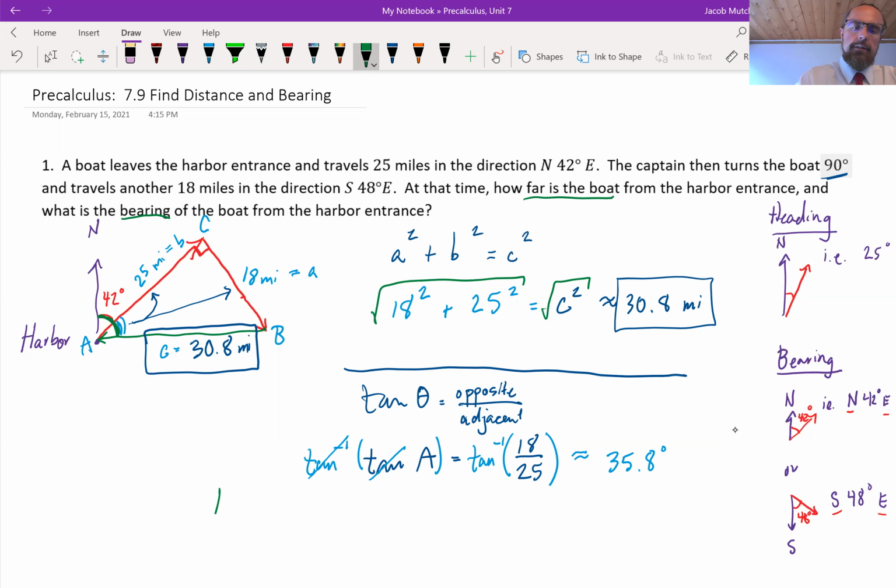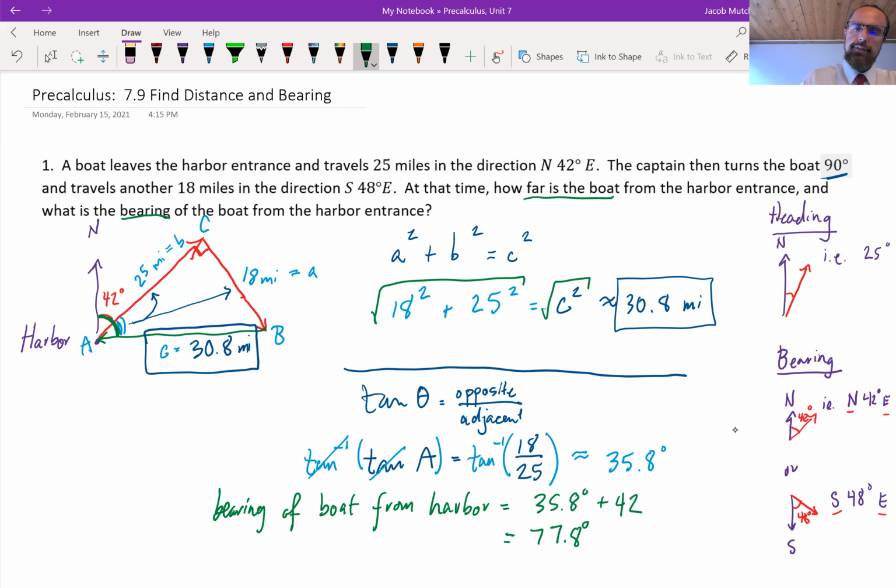So the bearing of the boat from the harbor is going to be the sum of 35.8 plus the original bearing of the boat, 42 degrees. And that's going to give me a total of 77.8 degrees.